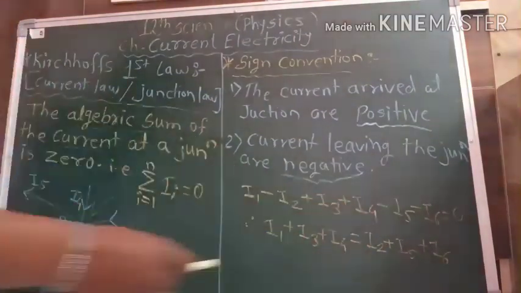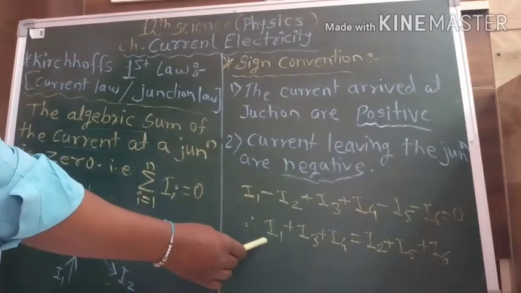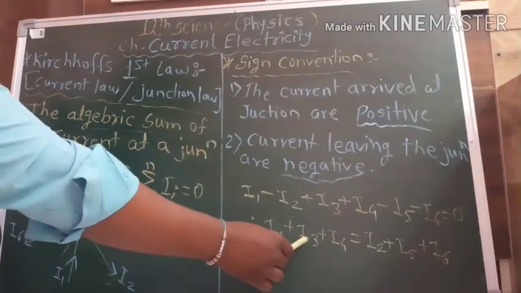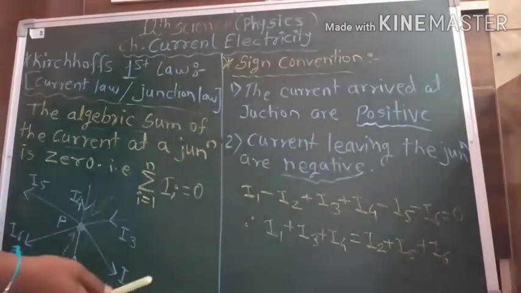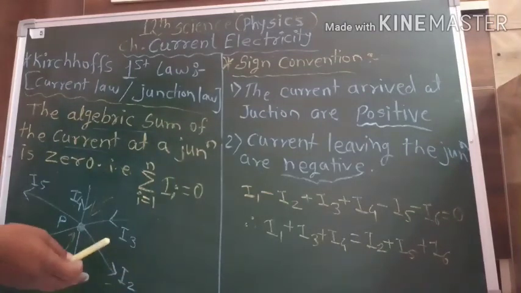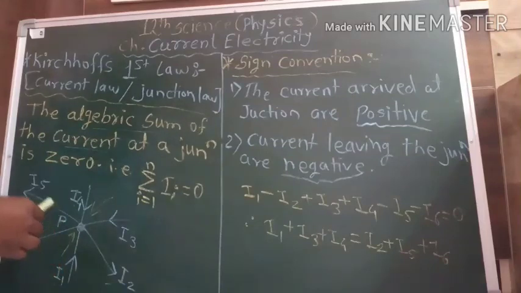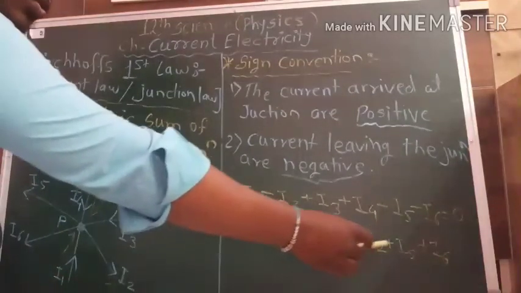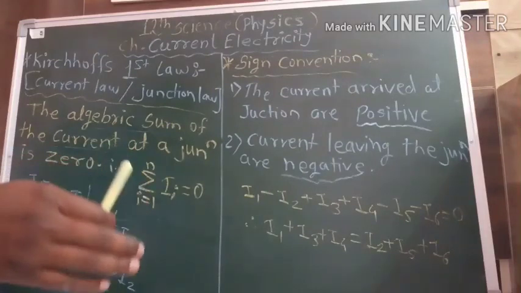From this equation we conclude that I1, I3 and I4, these three currents, flow towards the junction point P, and I2, I5 and I6 flow away from the junction.